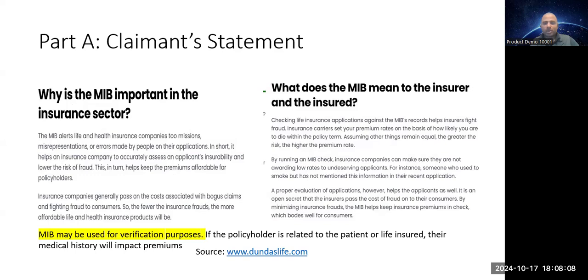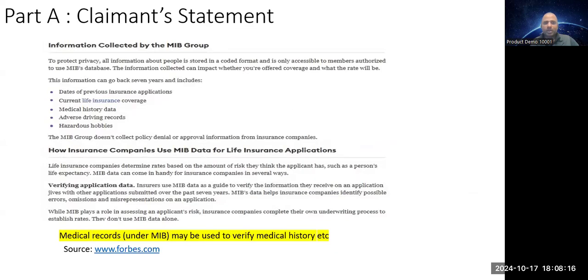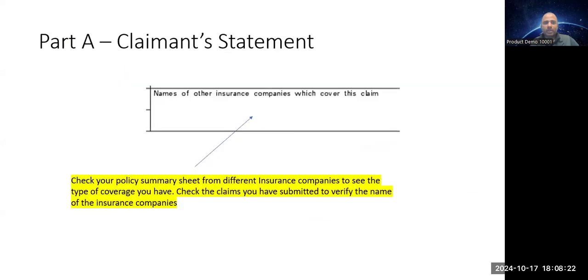This is another way one can figure out your relationship with the policyholder. So these are some of the ways that may be used to verify your relationship with the policyholder.